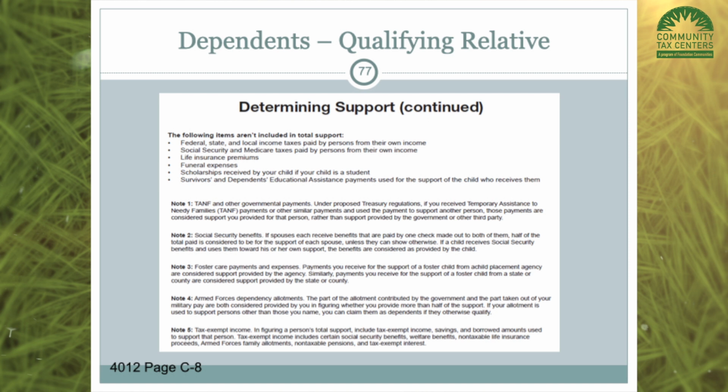And TANF and other governmental payments under proposed Treasury regulations. If you receive TANF payments or other similar payments and use them to support another person, those payments are considered support you provided for that person rather than support by the government or a third party.